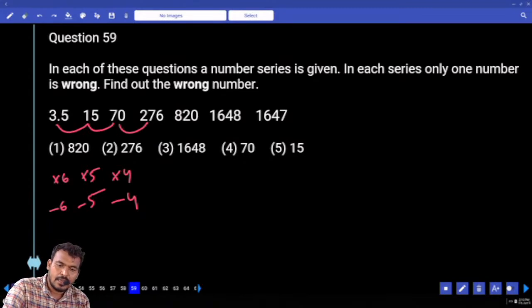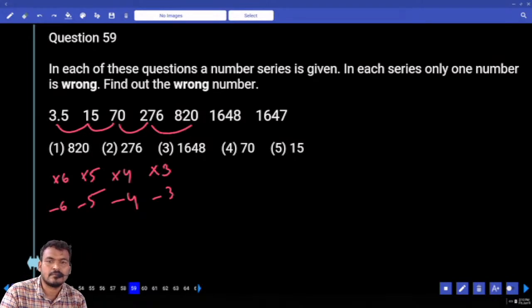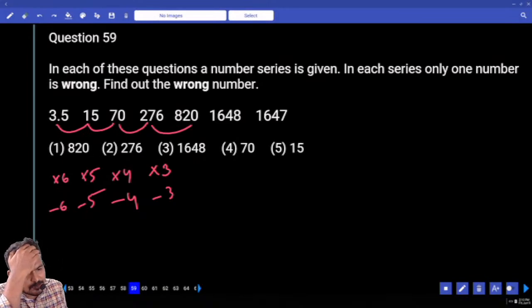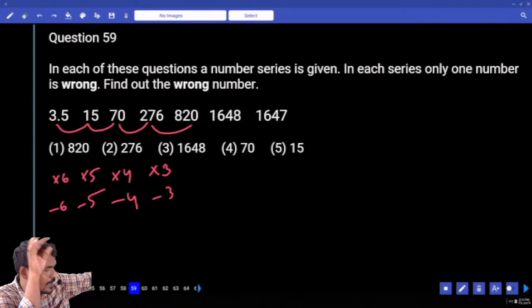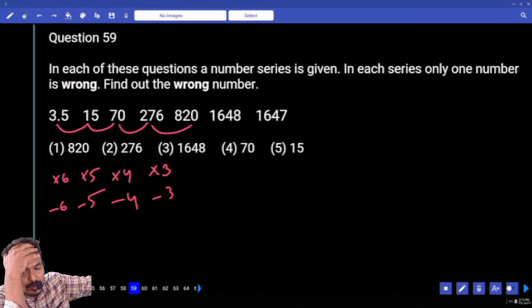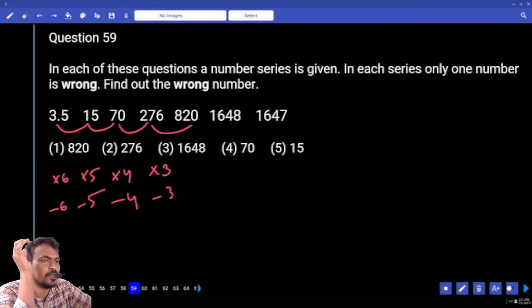And here into 3 minus 3, or plus 3, minus 3. First one is correct. 3 and half into 6, 21, minus 6 means 15. Up to 276, all are incorrect, or not. 276 3 times, how much? 828, minus 3 means 825.